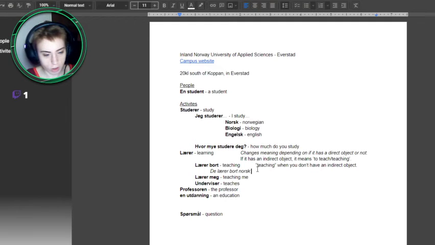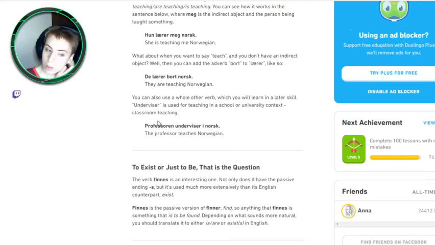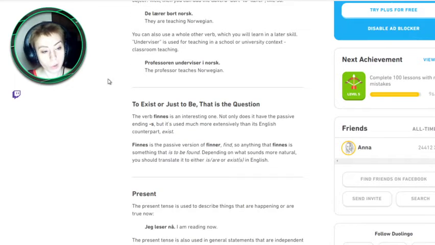So, no, the sentence does not have an indirect object. The they is the subject. Lærer, the verb. Well, I guess lærer and bort would go together. Lærer bort. What are they teaching? Norwegian. No direct object. You can also use a whole other verb.